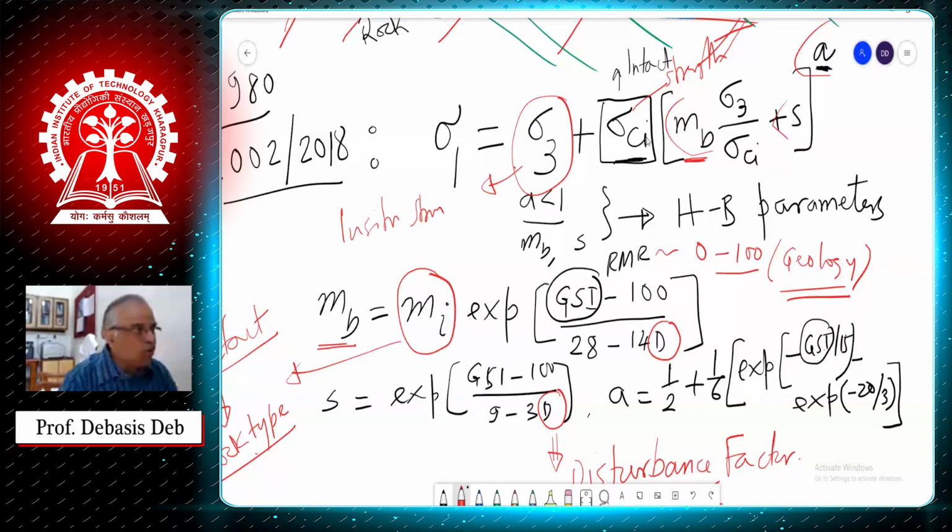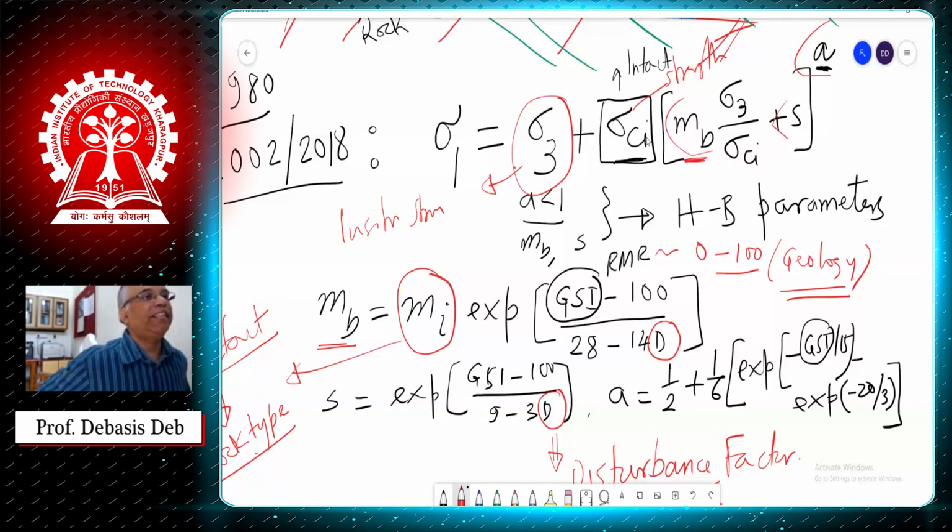So you can see within a single equation, Hoek and Brown could put so much information, and that's why this particular equation is very popular these days. It is directly applicable to the rock mass which we see in the field.